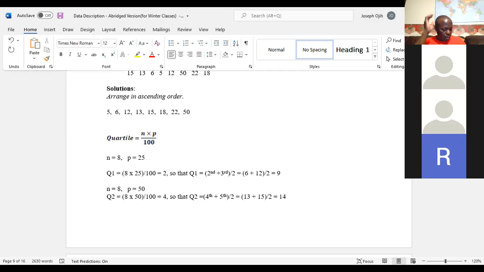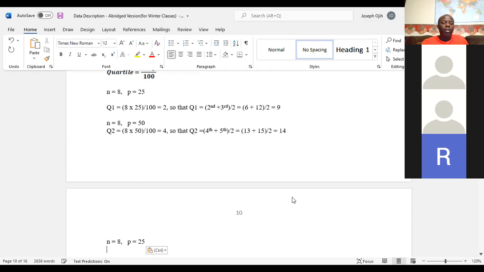Okay. Now the third quartile, which is Q3. In that case, we do the same process, but this time P is 75.